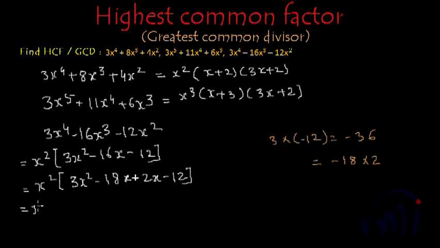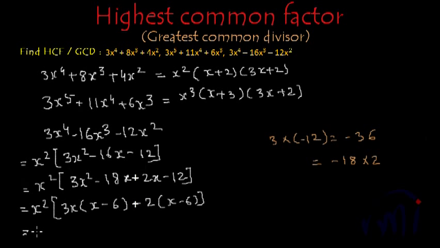And now we can group two terms, and from the first two terms we can take 3x common, and inside the bracket we'll be left with x minus 6. And from the next two terms we can take 2 common, and inside the bracket we'll be left with x minus 6, right?